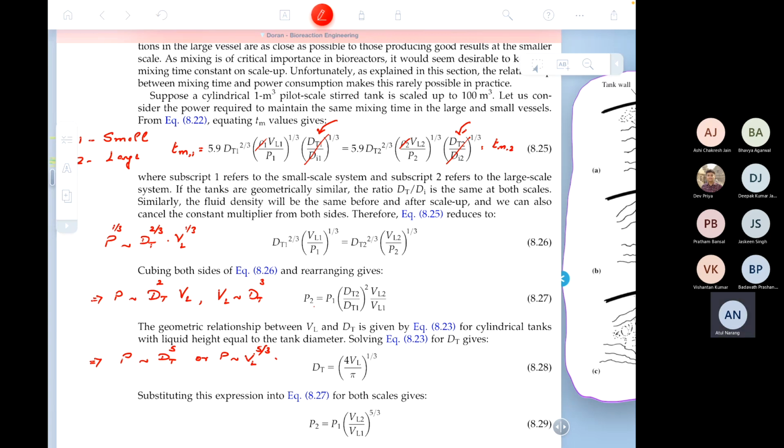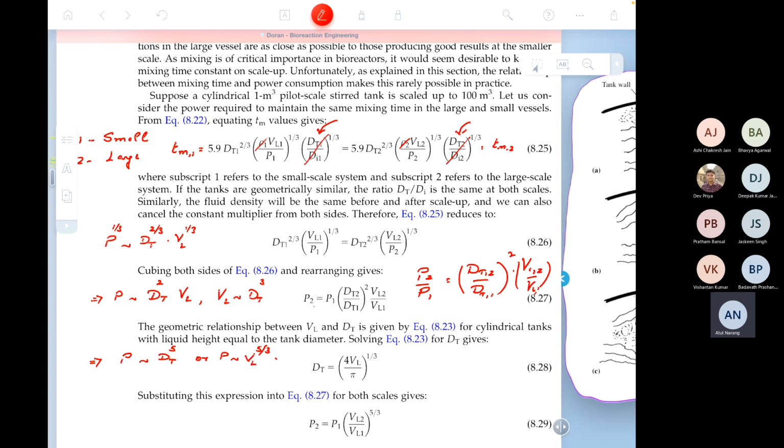So if you want to write this, I would write this as P2 over P1 equals dt2 over dt1 squared, multiplied by VL2 over VL1. Now, keeping in mind that 2 is the subscript for the bigger system, you can see that it is going as the square of the diameter and as VL2 over VL1, linearly with volume.